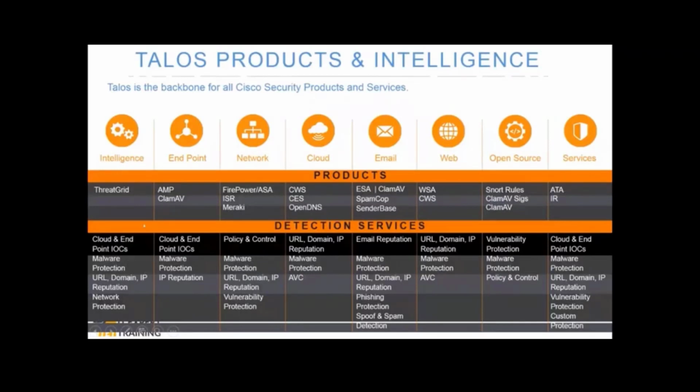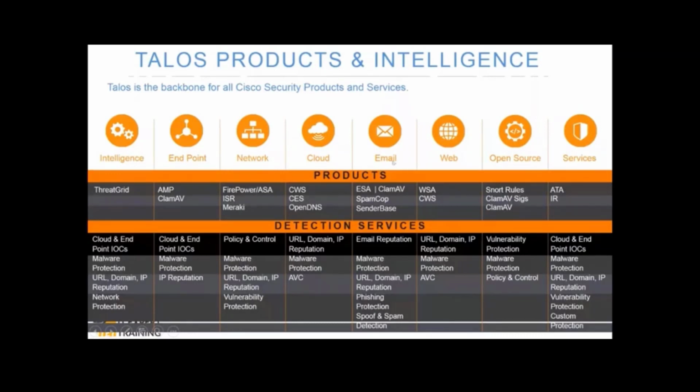Okay, here you can see these are the products and these are the services they offer. So you can see threat grid is a product, and for endpoints you can see AMP and ClamAV. This is one of the antivirus engines they have in Cisco. And if you go to the network products, you can see Firepower, ASA, ISR, Snort, and Meraki. These are the network products where they have the services below.